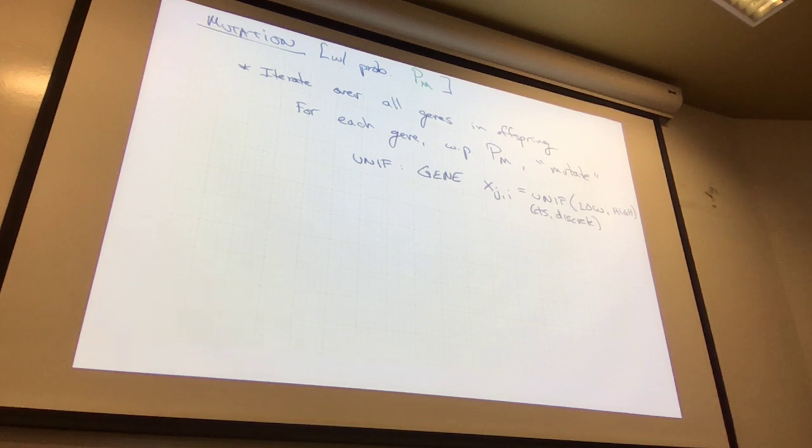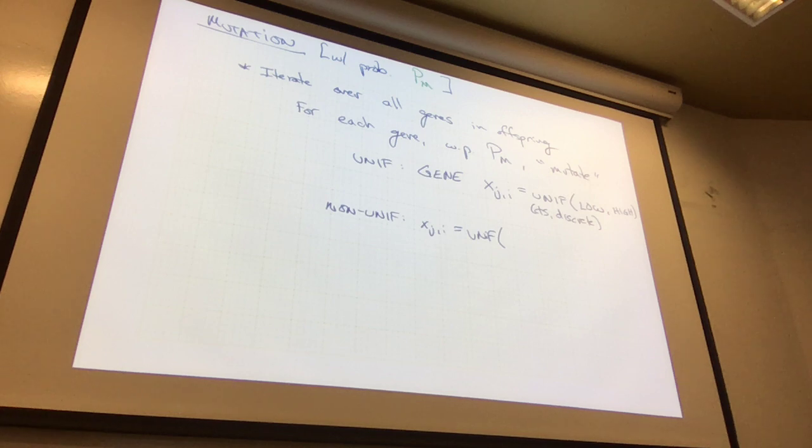That's taking something that might have been okay and completely moving it around. So another option is non-uniform mutation, and you can do lots of clever things here. One relatively simple idea: the next XJI is still going to use the uniform distribution, but I'm going to center it around the previous gene and set lower and upper bounds around that one, like a little confidence interval, and I'll shrink that interval over time.